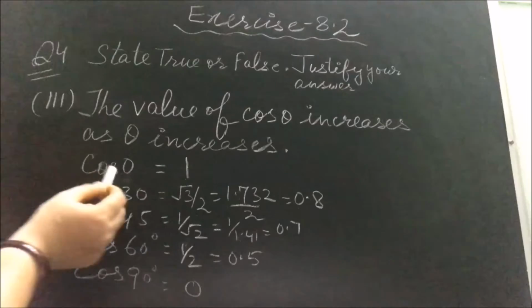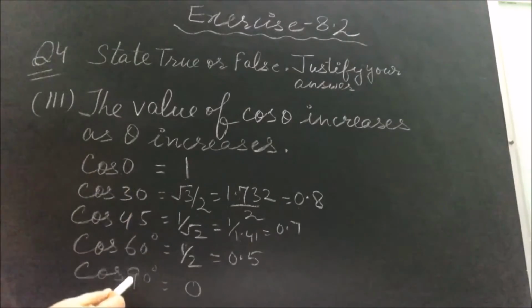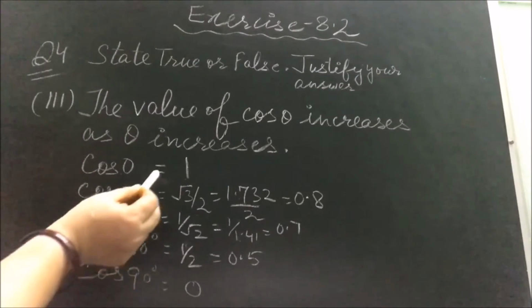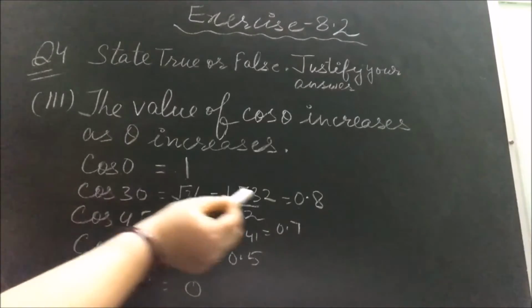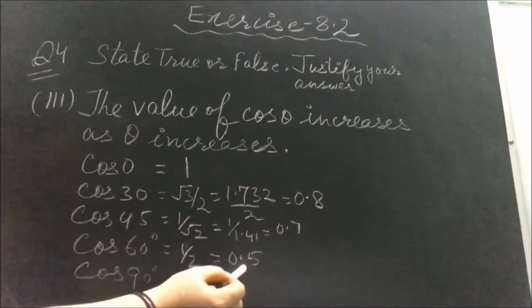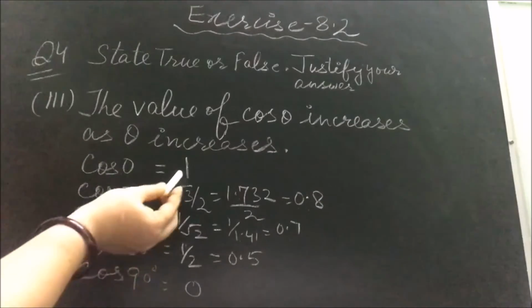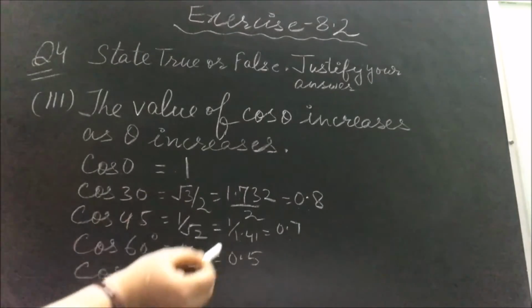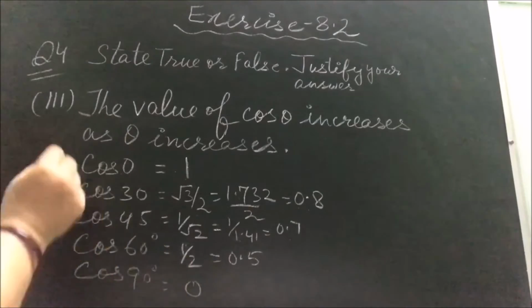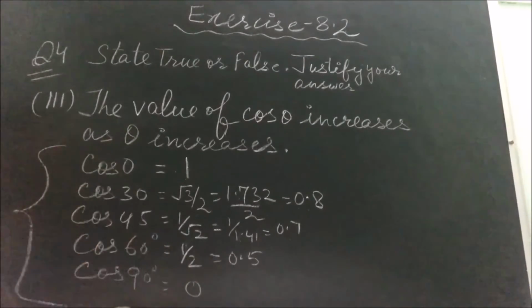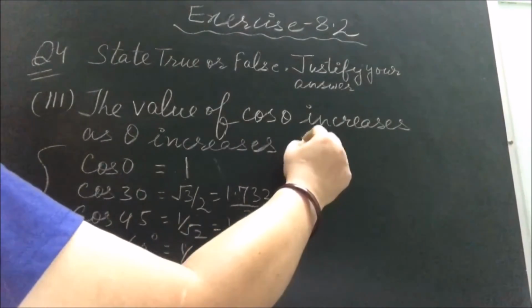So see, as theta increases, the value of cos theta decreases. See 1, 0.8, 0.7, 0.5, 0. जैसे जैसे आप थीटा की वैल्यू बढ़ा रहे हैं तो cos थीटा की वैल्यू डिक्रीज हो रही है, इंक्रीज नहीं हो रही है, राइट? So you have to give all this information and it is false.